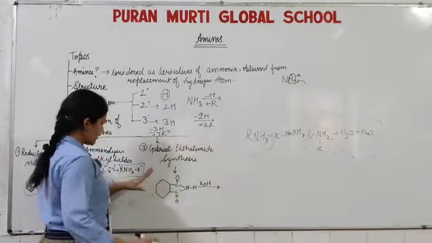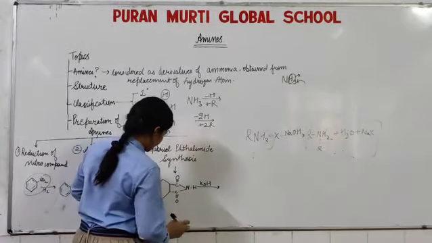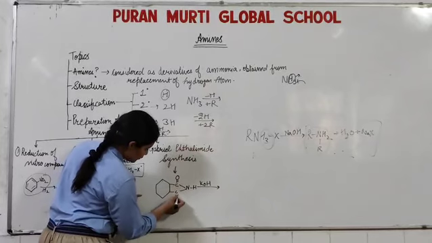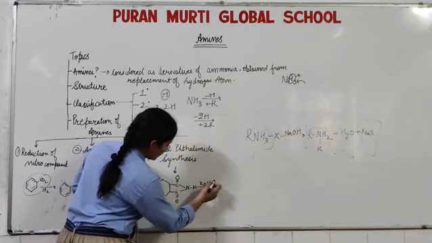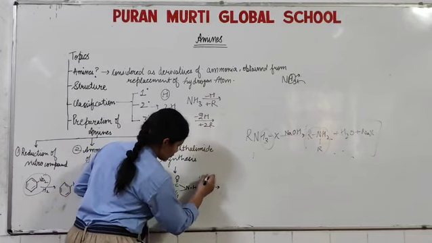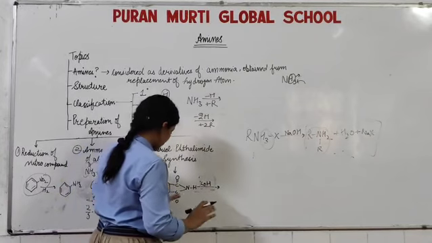Moving to the third reaction, a very important reaction and a simple reaction at the same time. Here we have C with a double bond O, and we have N and H. We gave KOH to this. In this reaction, it's very simple.